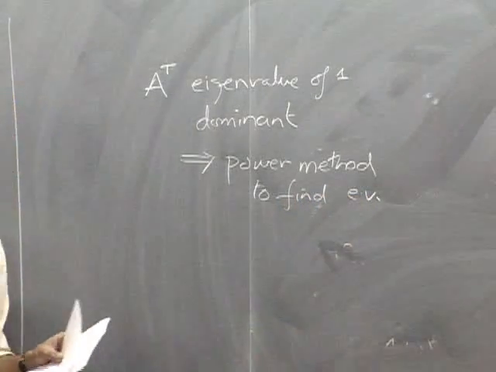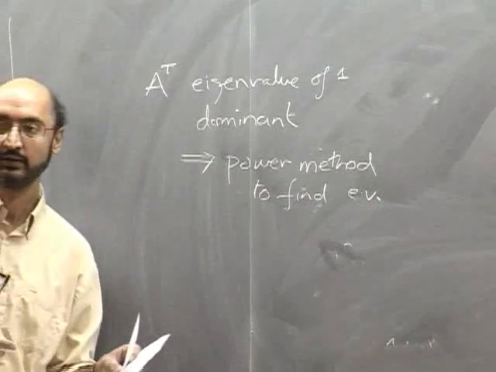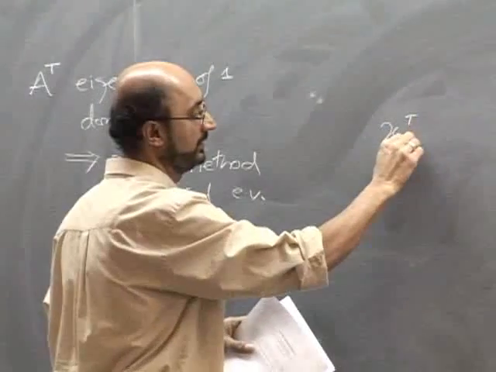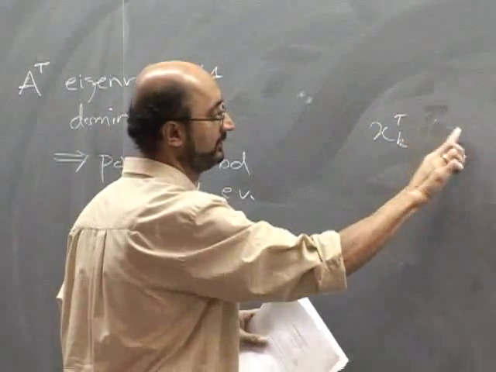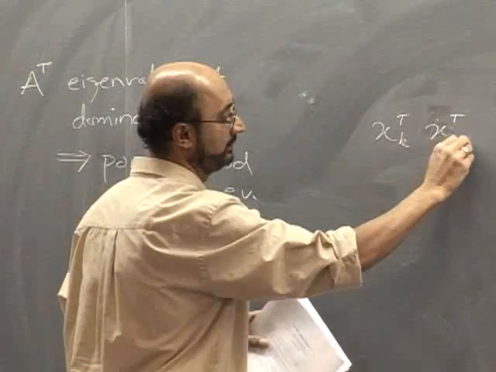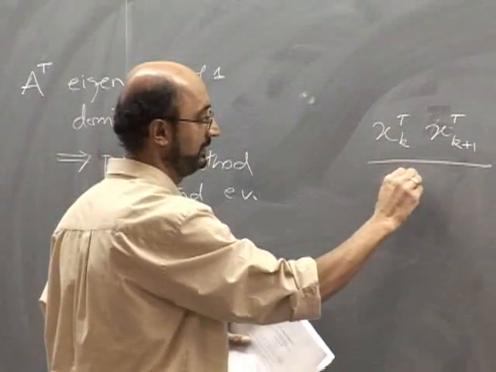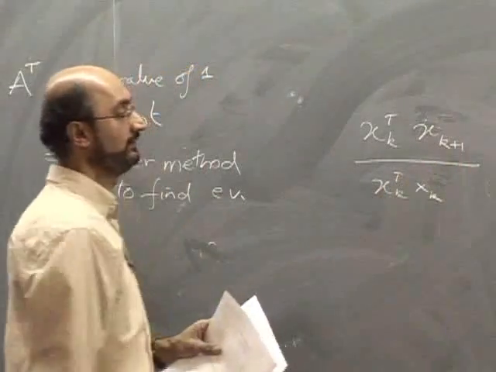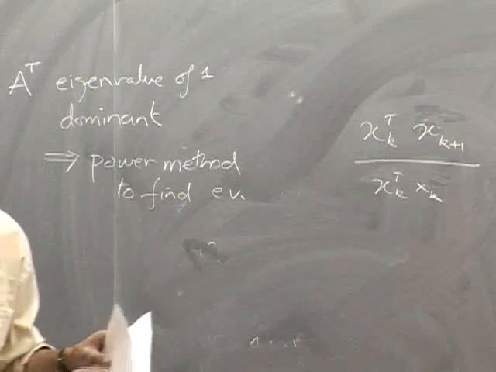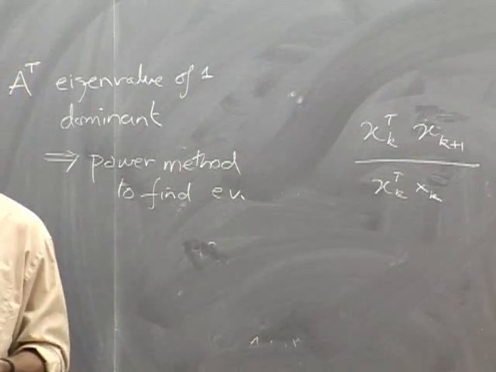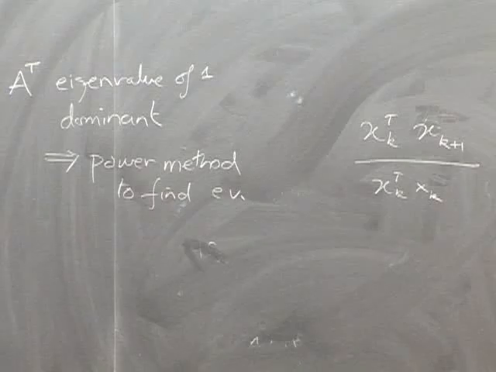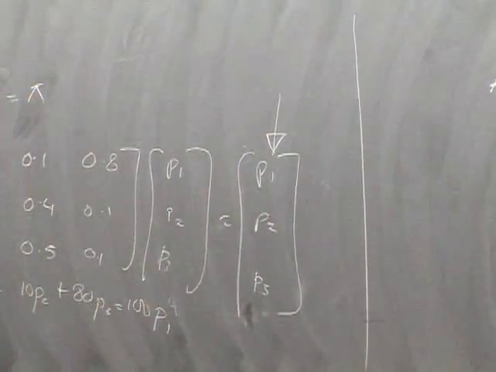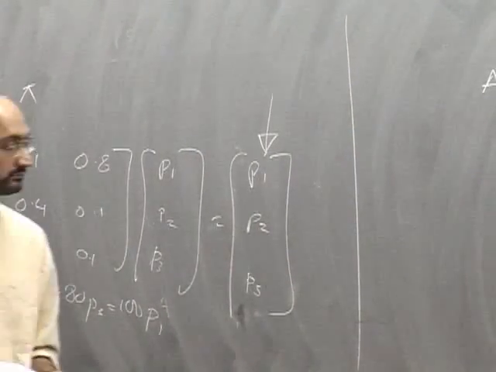So we use the power method and find the ratio x_{k+1} over x_k. If you find this ratio and renormalize at each step, you will eventually find the dominant eigenvector. When you find the dominant eigenvector, that is going to be this one over here. So there are 2 different ways of solving it.